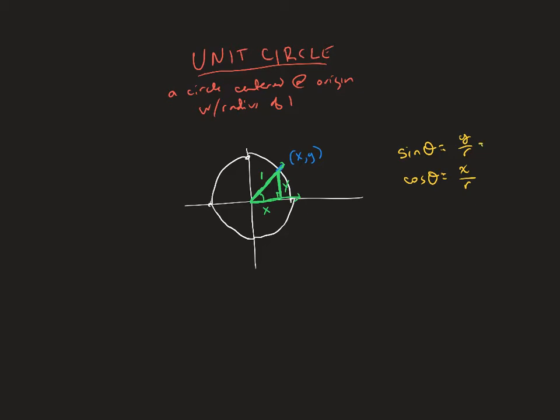So since my r is 1 here, my sine is just going to be my y value, and my cosine is going to be my x value, which means any point on the unit circle, its coordinates are going to give you the value of the cosine of the angle whose terminal side passes through that point, and the sine of the angle whose terminal side passes through that point.